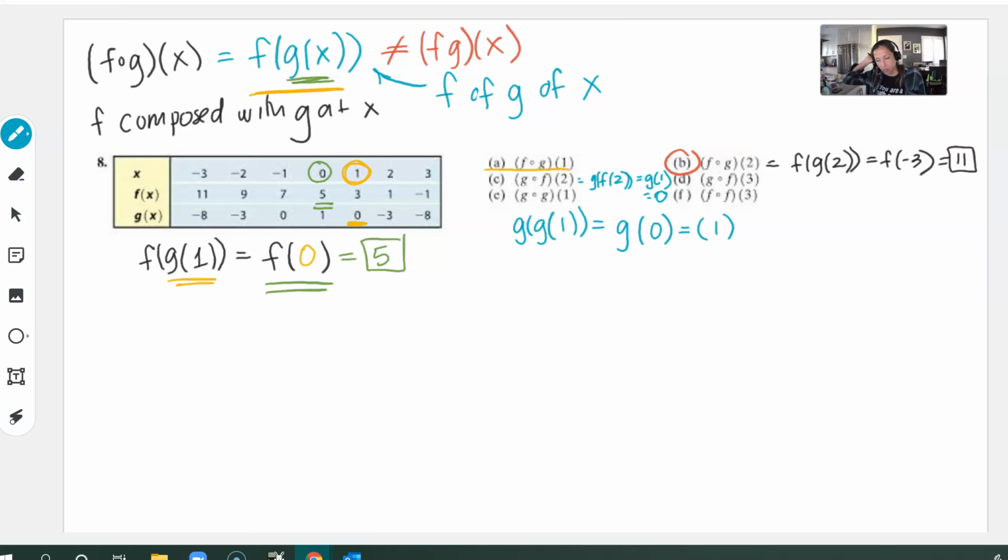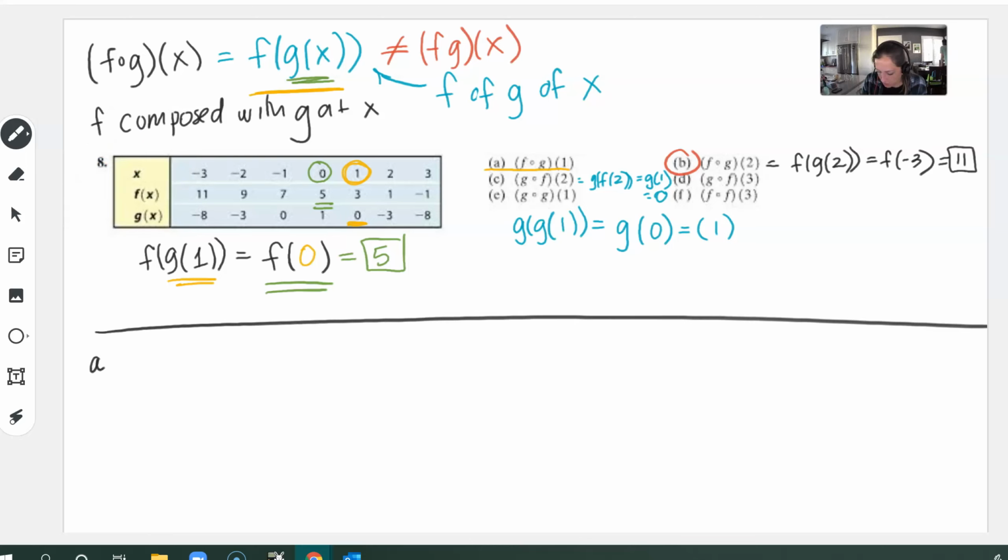That is composition of functions from a table. What's another way we can look at this? We have the algebra. We can make up two functions. Let's say f of x is equal to 3x minus 2, and g of x is x squared.